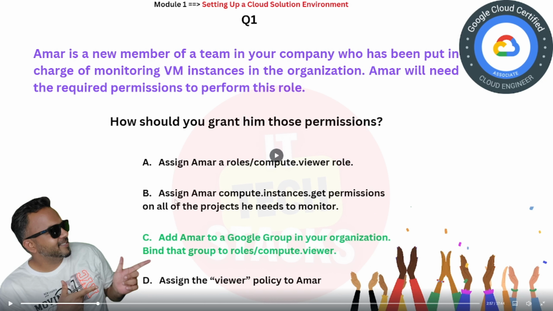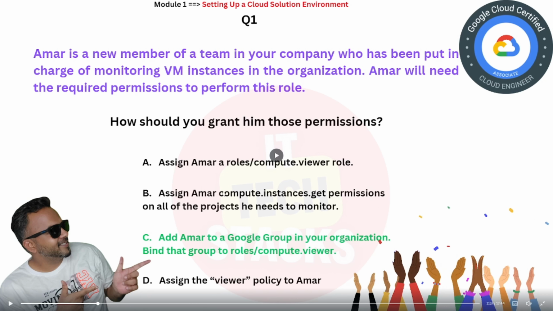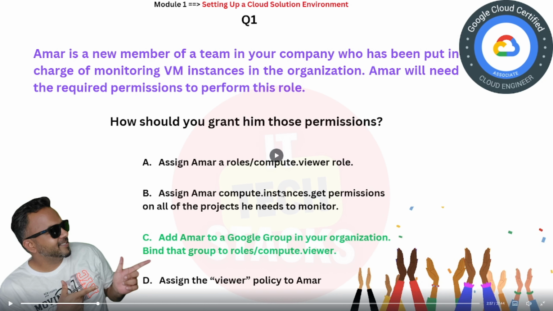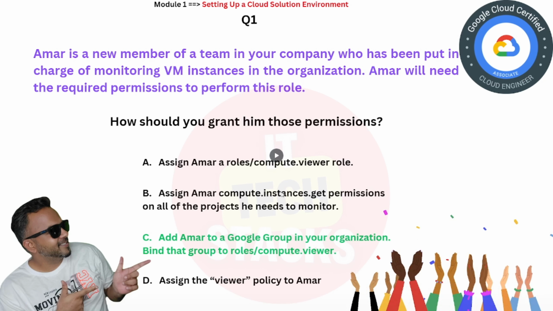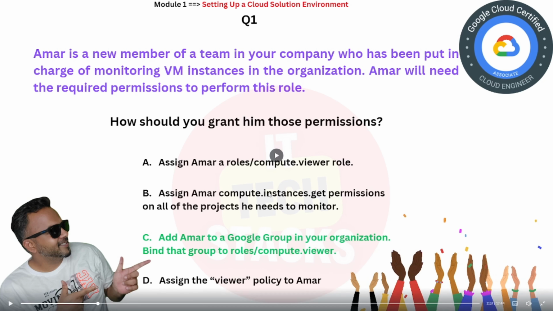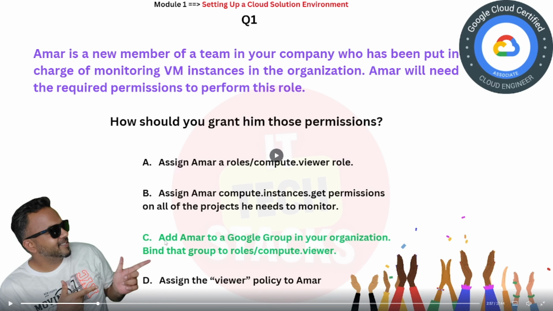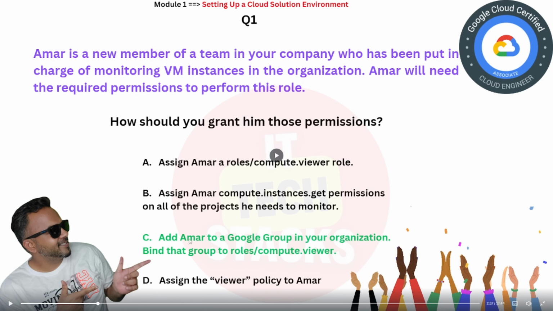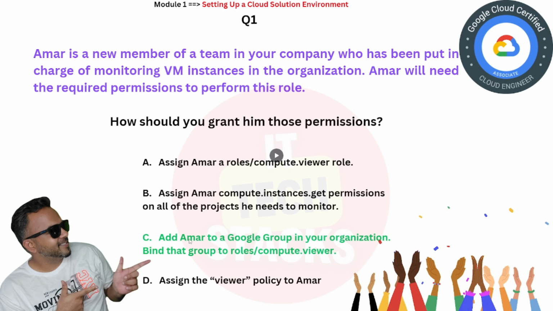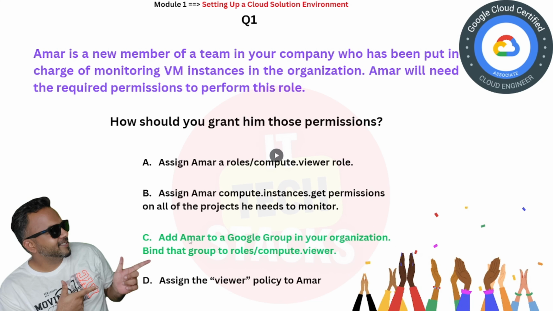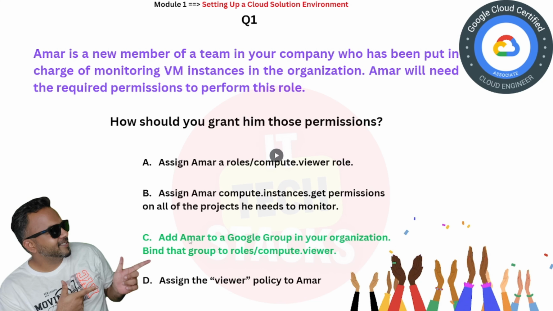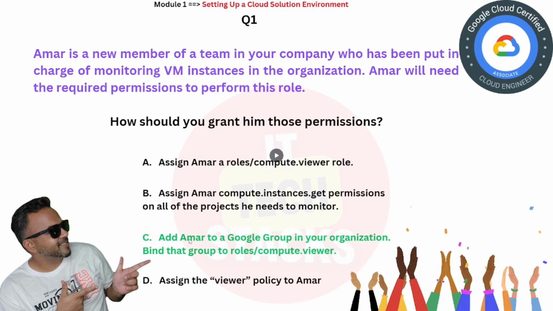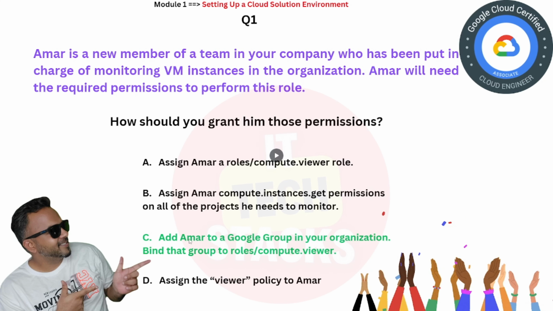Okay, if you have selected option B, then it's also incorrect. Roles are combinations of individual permissions. You should assign roles, not individual permissions, to users. Okay, and the C option we discussed, this is correct, and the best practice is to manage role assignment by groups. If any new team member joins in your project, add him or her to a specific group which he or she is supposed to have access. Okay, not by individual users.